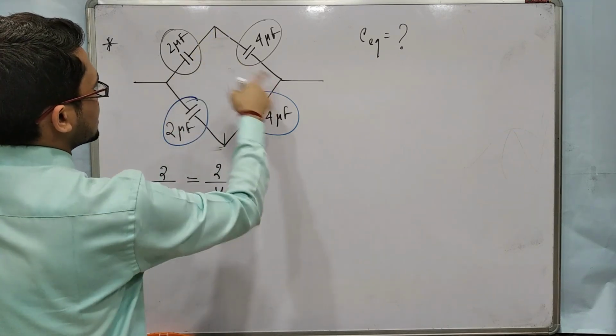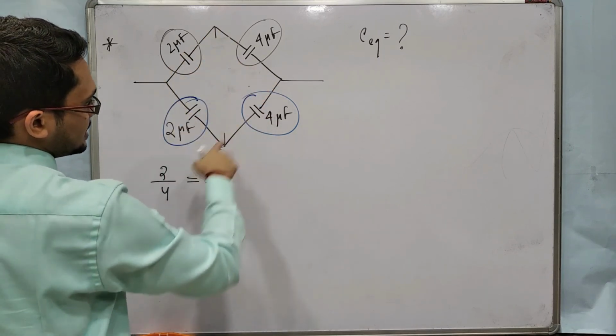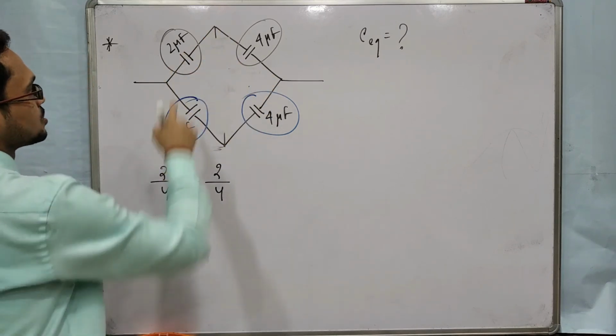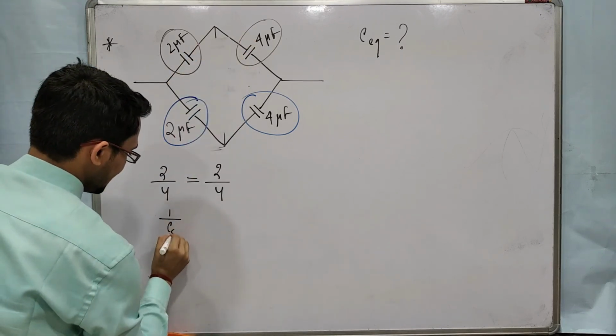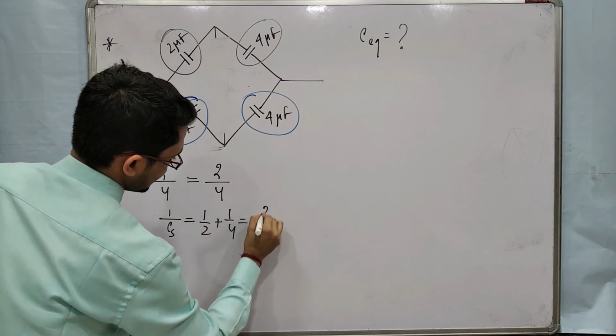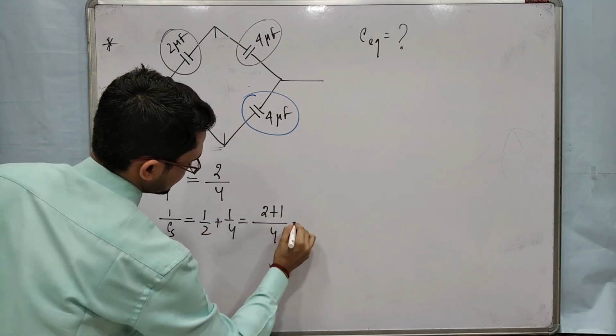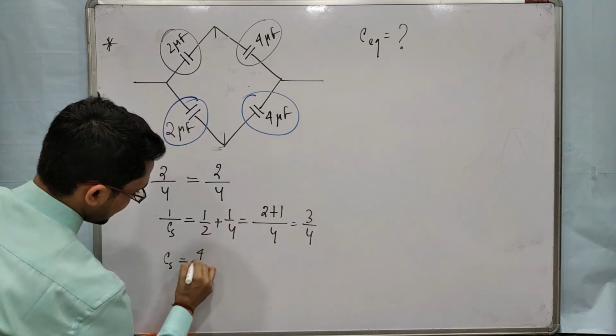If we remove this part, then look at the circuit. These two capacitors are in series, and these two capacitors are in series. So 1 by Cs will be 1 by 2 plus 1 by 4, so we will get 2 plus 1 by 4, that is 3 by 4. That means Cs will be 4 by 3.